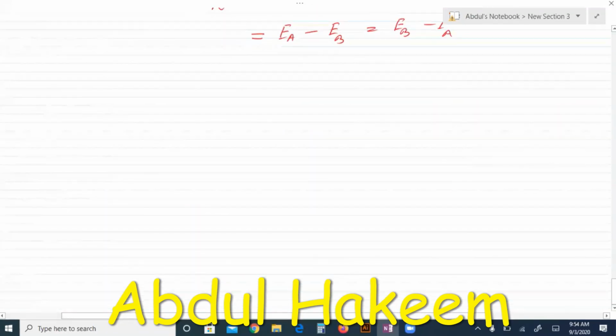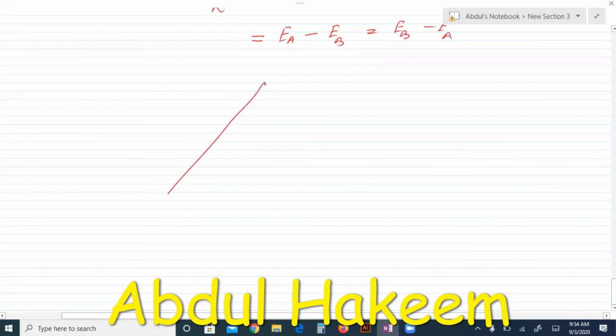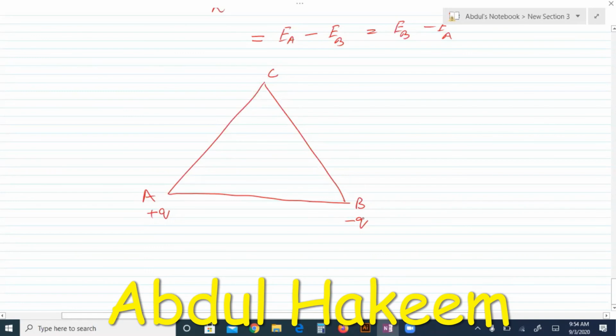Similarly, suppose there is a triangle, an equilateral triangle. This is A, this is B, this is C, positive charge here, negative charge here. And all distances are x. Now, at C, resultant electric field strength is required.